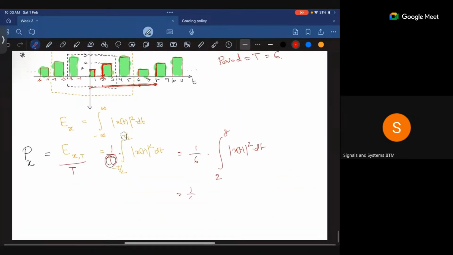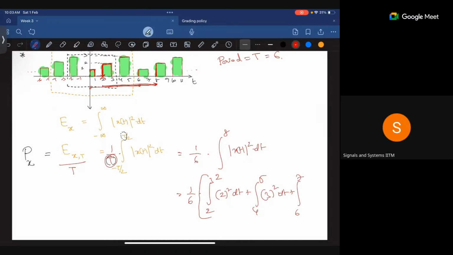So that means this will be simply 1 by 6 times the integral from 2 to 3 of 2 square dt plus, and 3 to 4 we don't have anything, 4 to 5 we have 3 square dt plus 6 to 7 1 square dt. That's it. Okay, so you compute the integral and divide it by 6, you will get a finite value of the power. Some finite value, which will be the power.